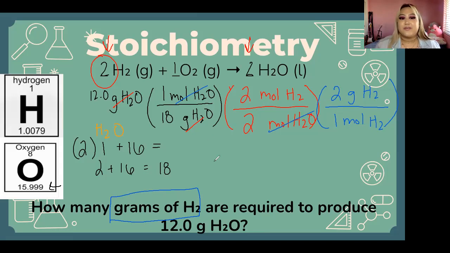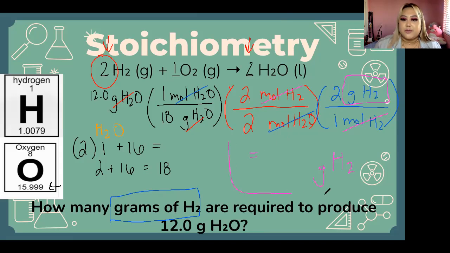If it's not asking for any of those units, then we wouldn't use Avogadro's number. So we got rid of the moles of H2, and we finally got 2 grams of H2.